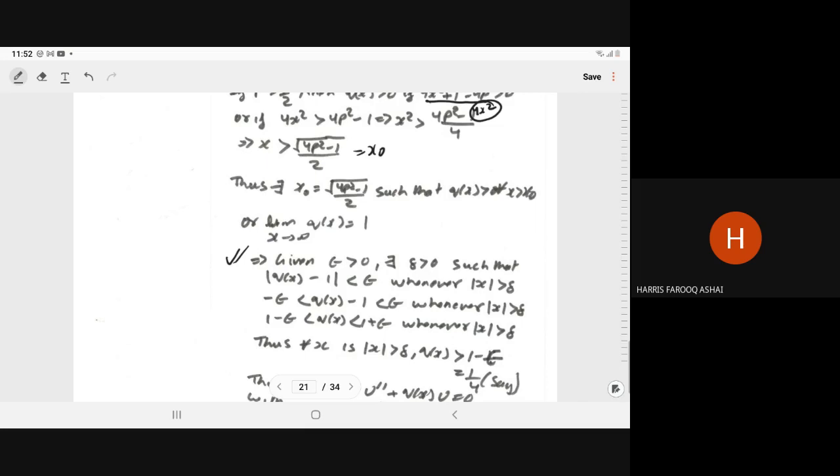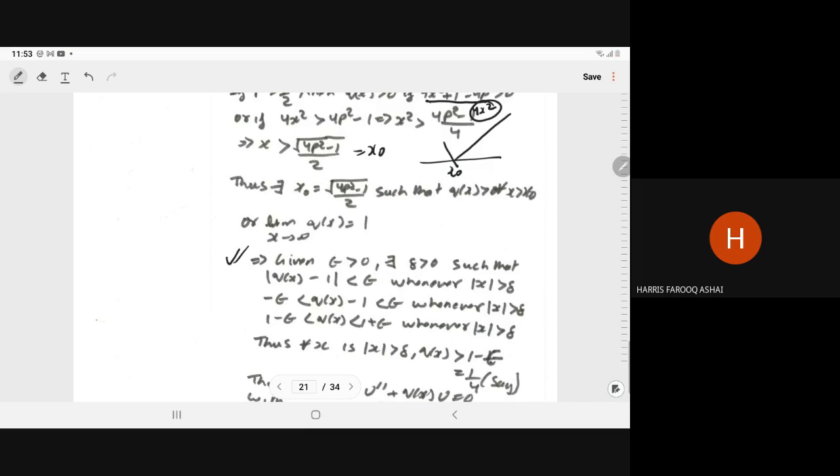Sir, can you explain the limit part again? I'm saying that I do not know the behavior of q(x) before x naught, but after x naught, q(x) is always positive.